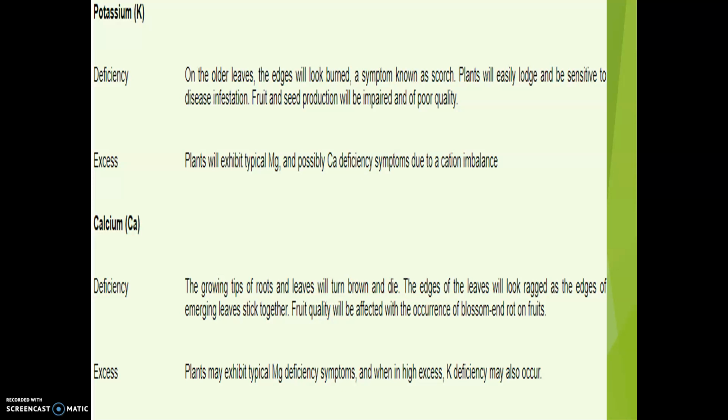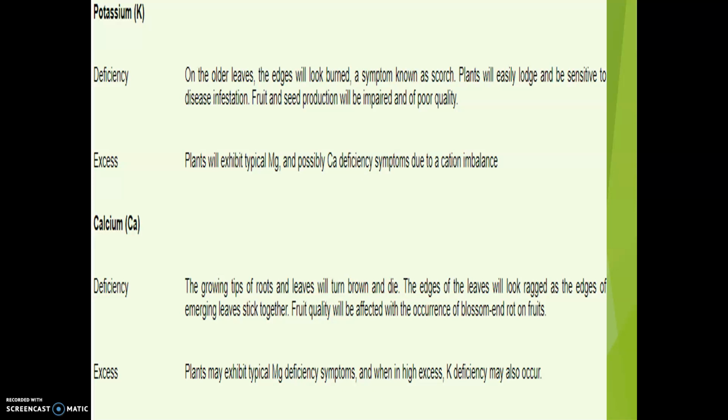And coming to the toxicity of potassium, if excess potassium is present, the plants will exhibit typical magnesium and calcium deficiency symptoms. Excess potassium will lead to the deficiency of magnesium and calcium. It is due to the cation imbalance. We already said that potassium has a major role in regulating the osmotic and ionic regulation.